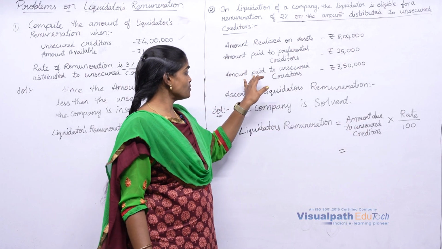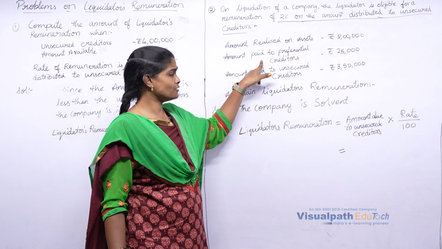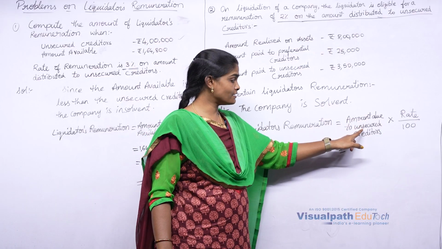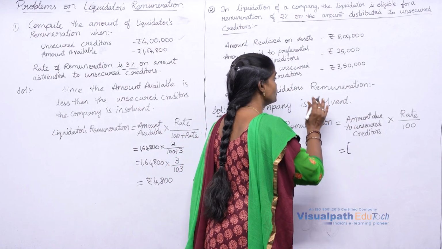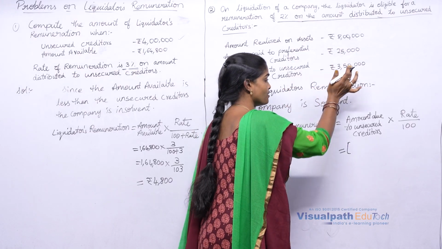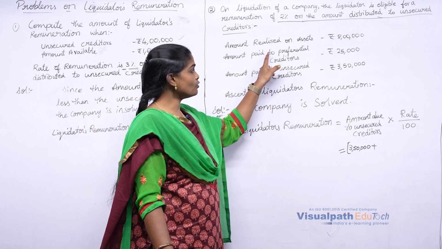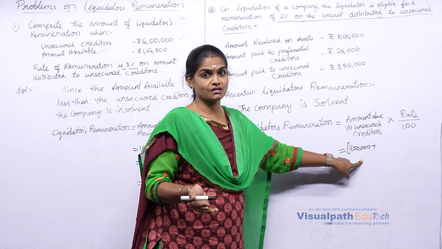Now, the amount paid to unsecured creditors is 3,50,000. No information is given about preferential creditors, but when we take unsecured creditors, we include preferential creditors also, until and unless any information is given in the question.